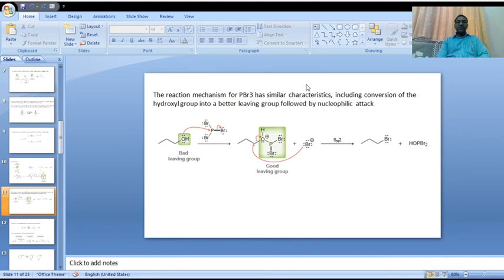Even so, we'll discuss it once again with PBr3.